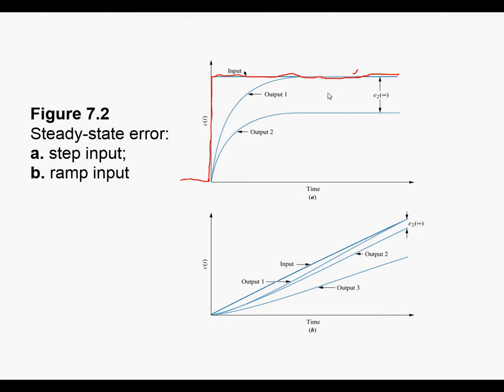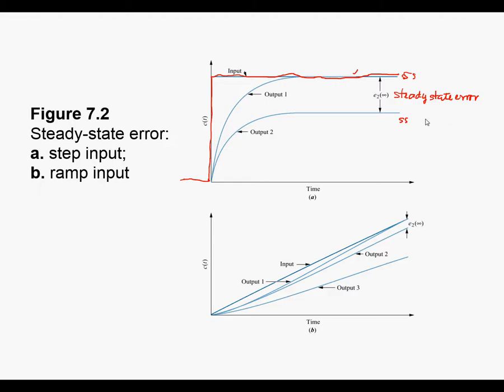Because my red line is my input, the other one would be the output. So if the output responds like output 1, this would be zero steady state error, right? But here, if the output is like this, and this is the steady state condition, this is your error. So there would be the steady state error.